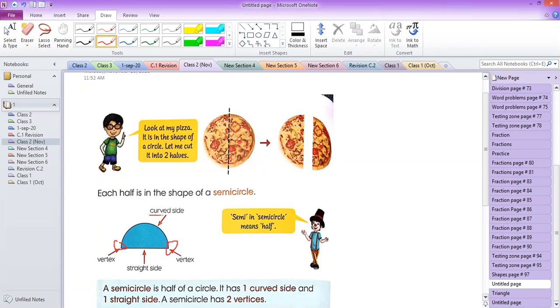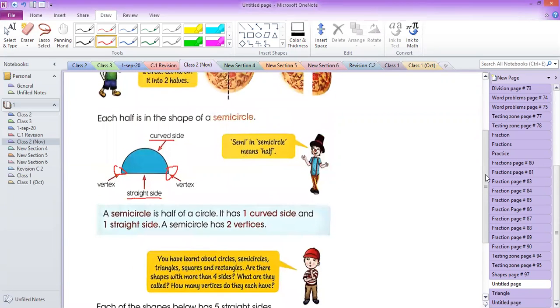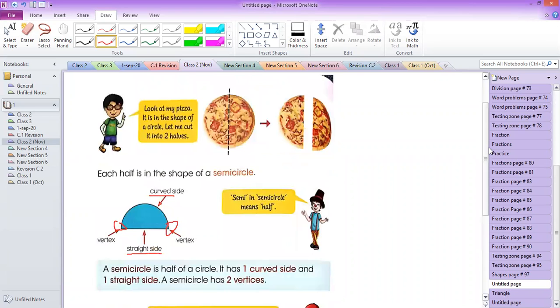One is curved, and one is straight. And it has two vertices, one and two. So a semicircle is half of a circle. It has one curved side and one straight side, and it has two vertices. When you divide a circle into half, that becomes the shape of a semicircle.